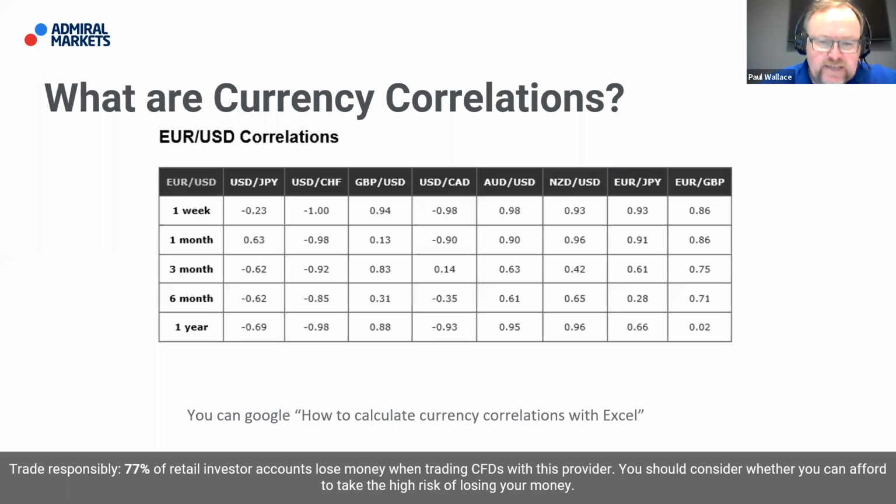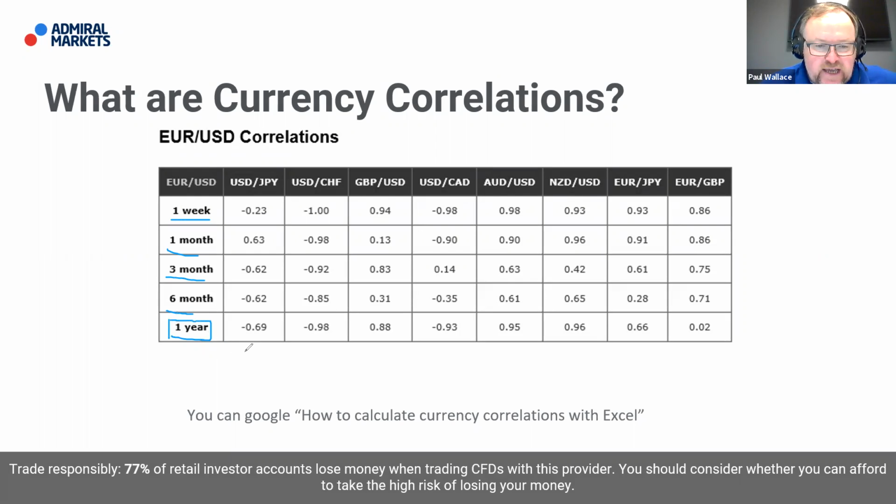So what we can see here is the euro US dollar. Let me just bring up our drawing tool here as always. What we can see here is the euro dollar and its correlations over particular time periods, 6 months to 1 year. So if we look at, let's say, 1 year, that gives us a good bit of data.